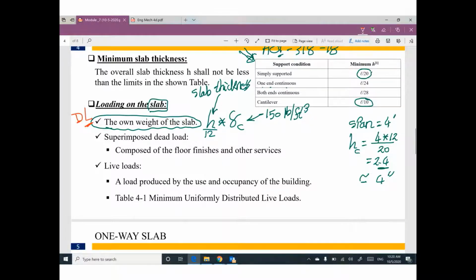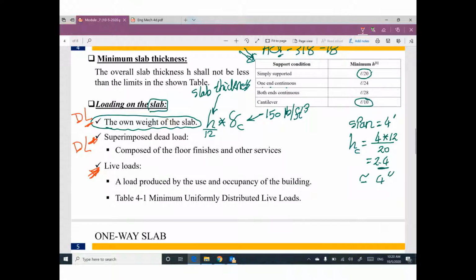Over the slab, we have something called superimposed dead load. Finishing, covering, ceiling, air conditioning, all of this stuff can be called superimposed dead load, and this one can be considered dead load also. Then we have live load. Live load for any slab is based on the function of the building.